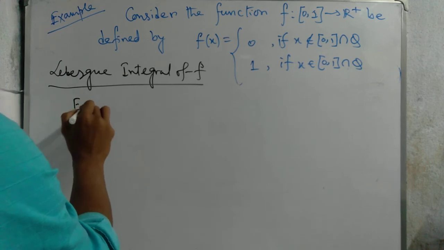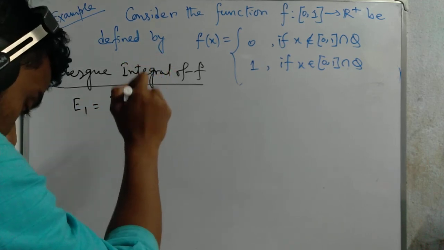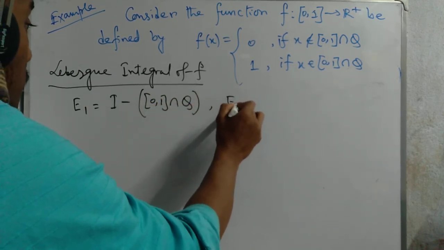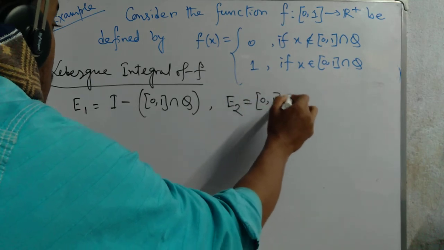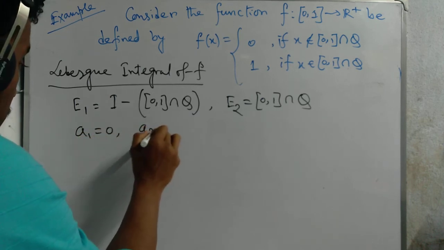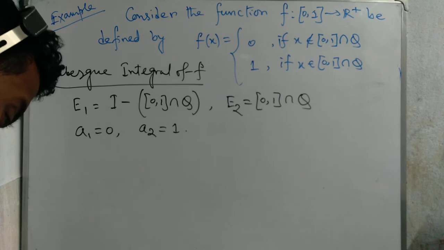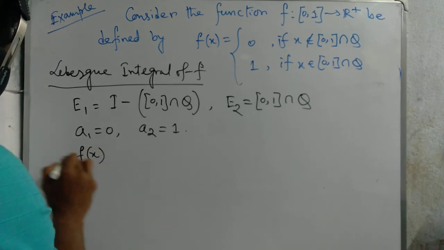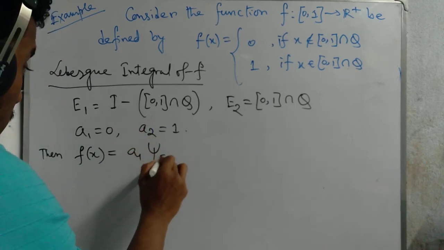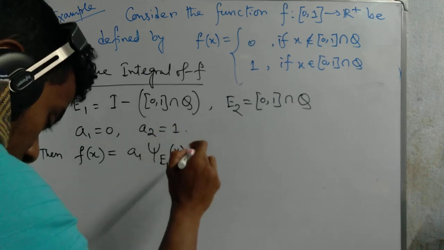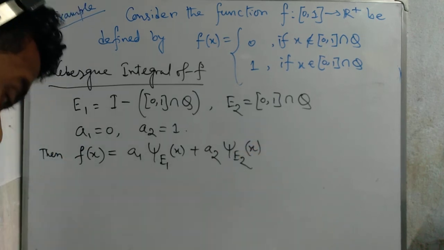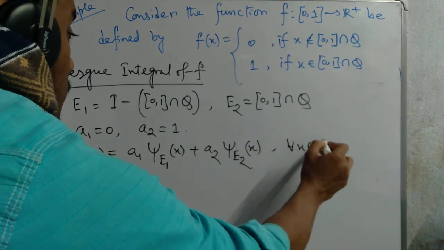We divide into these two portions: E1 equal to [0,1] minus Q, and E2 equal to [0,1] intersection Q, with a1 equal to 0 and a2 equal to 1. Now we write f(x) equal to a1 psi E1(x) plus a2 psi E2(x) for all x belongs to [0,1].